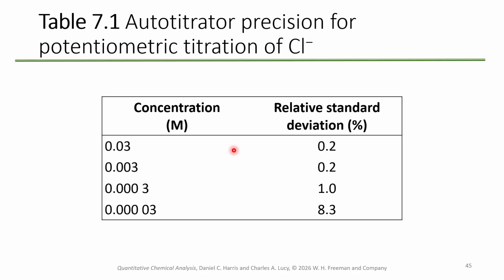Okay, basically as good as you would ever get from a buret. But what happens as your concentration goes down? Well, if your concentration decreases, then the potentiometric, i.e. electrical signal, is going to decrease, isn't it? Okay, it becomes harder to detect. And so your relative standard deviations are going to start going up pretty tremendously. Right?